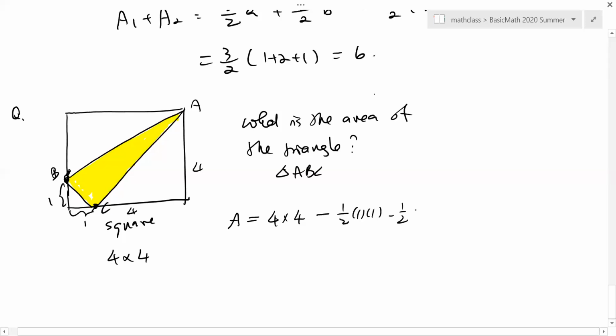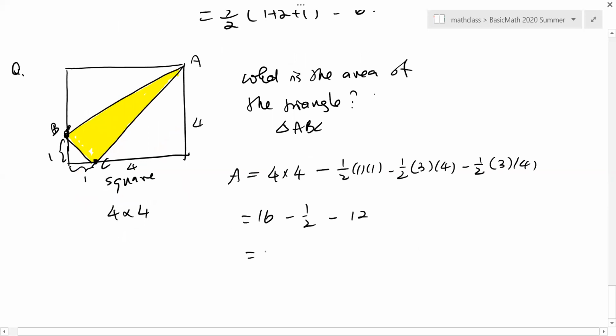Then the one on the right side, it's going to be 3 times 4 divided by 2. Then the other one should be the same, 3 times 4 divided by 2. All right? So it's 16 minus 1/2, and 3 times 4 is 12. So that is going to be 4 minus 1/2, and the answer is 7 over 2. Yeah, we prefer to use fractions, okay, not decimal form.